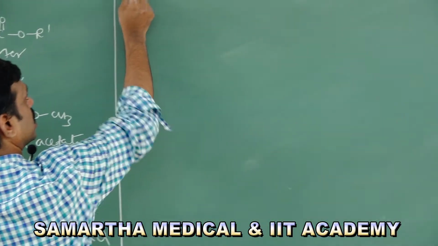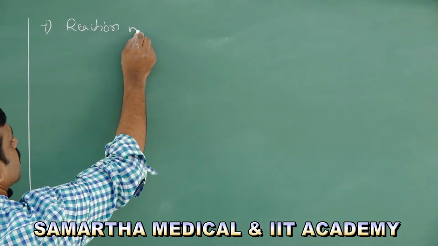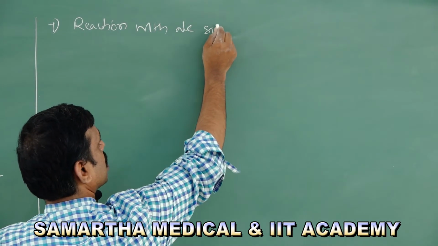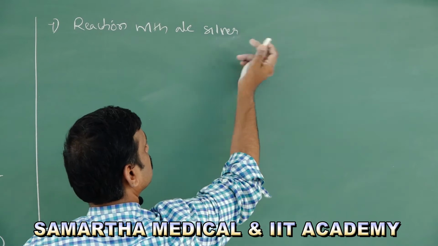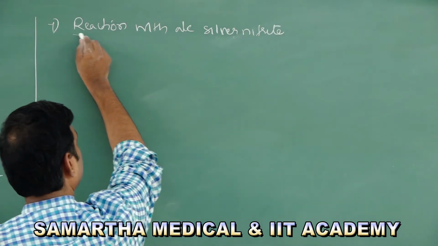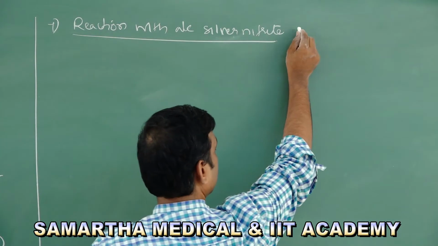Next, seventh one is reaction with alcoholic silver nitrite. So what is the silver nitrite?